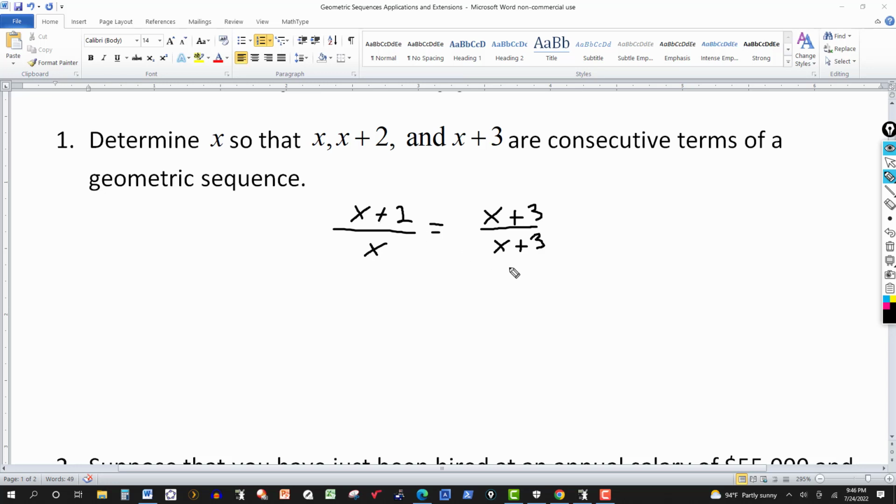So this should be the same value here. So we simply solve this equation for x. We could multiply by the LCD, or we could just cross multiply here. So cross multiply this way, x plus 2 times x plus 2 is x squared plus 4x plus 4.